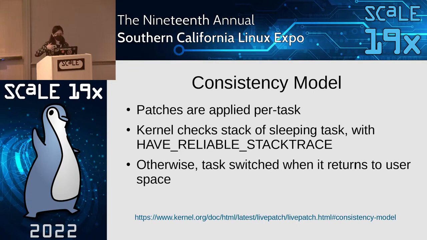When you go to apply the patch, the kernel will check the stack of a sleeping task to make sure that there's nothing being patched in the stack, and if there's nothing being changed in the stack, it'll go ahead and apply the patch. Otherwise, it applies the patch when the task returns to user space, because when it's in user space, it's not executing anything in the kernel and is therefore safe.